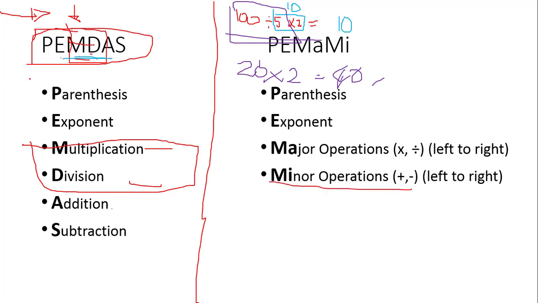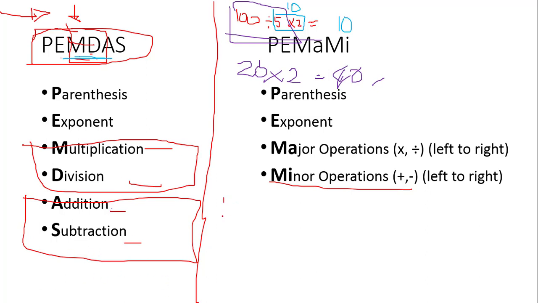Ang minor operations din ay sinusolve from left to right. So, kung ano muna yung pinaka-leftmost, ay yun muna yung sinusolve. Interchangeable ang addition and subtraction. Sila din, interchangeable din sila. Kahit ano sa kanila ang mauna, basta from left to right yung pagsisolve.